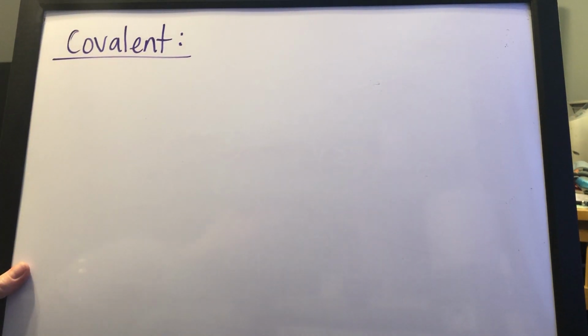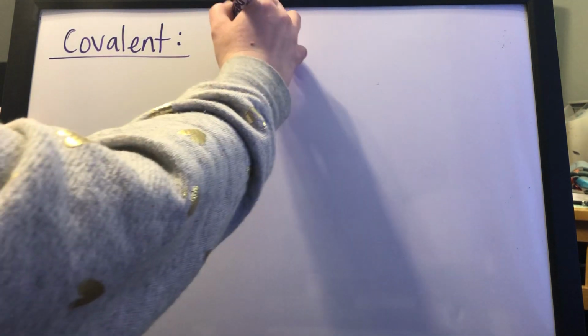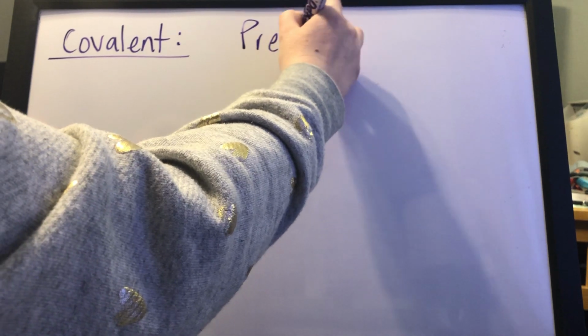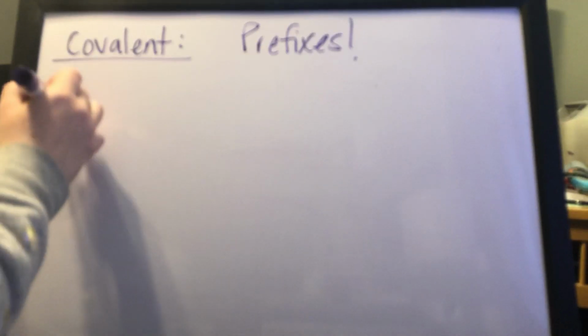So again, covalent, 2 nonmetals, no ions. I don't have to deal with any of those charges or charge balancing or anything. The big thing with covalent is your set of prefixes. There are prefixes for the numbers 1 through 10.